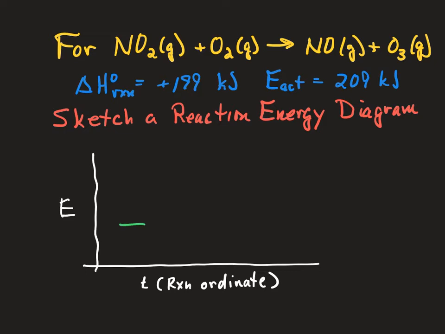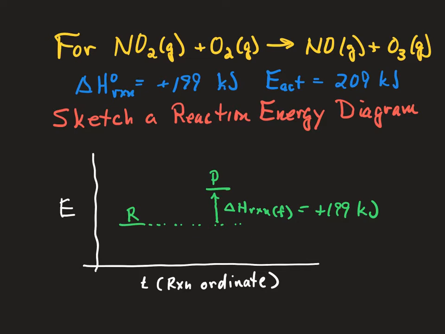So if our reactants are here, then our products end up at higher energy, right? So this is an endothermic reaction, right? And so this is delta H for the reaction forward, and that is our plus 199 kilojoules, okay? Now, the activation energy for the forward reaction, as written, is 209 kilojoules.